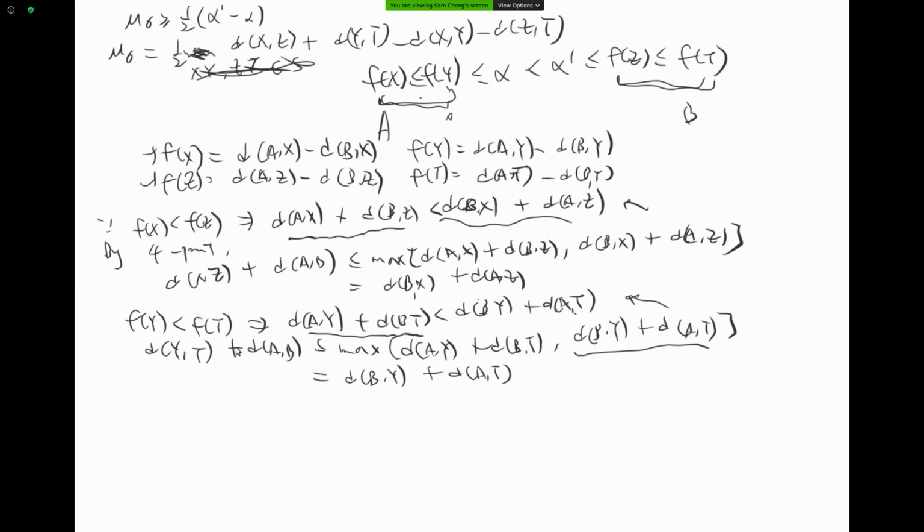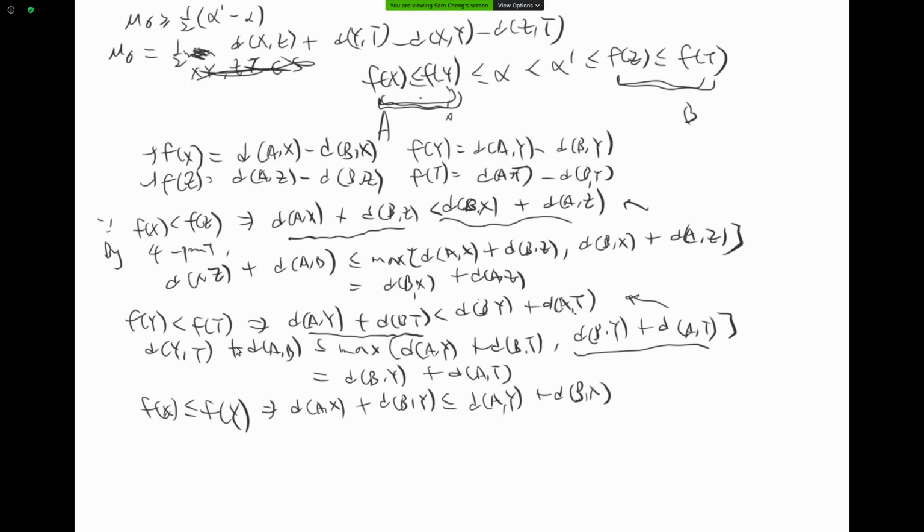Maybe I'll put in how I get this. Basically, I also have fx less than or equal to fy here, by the assumption. So I have dax plus dby is less than or equal to day plus dbx.